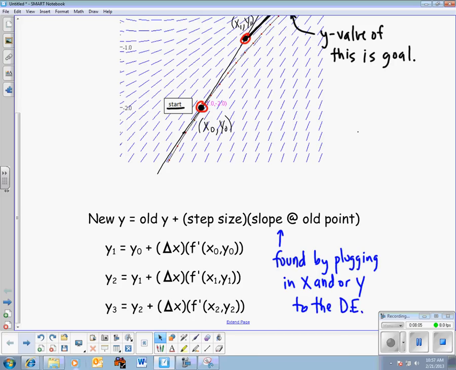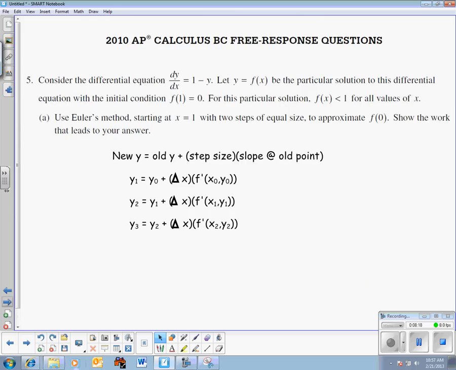Okay, so differential equations are different than usual functions we work with, because usually we just plug in x and get y. Your slope might be based on both x and y. So after all that, make sure you have that written down, and let's go to an example.